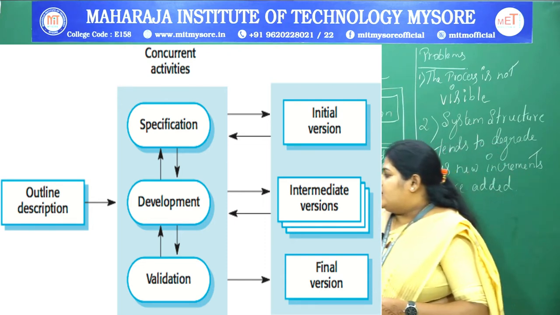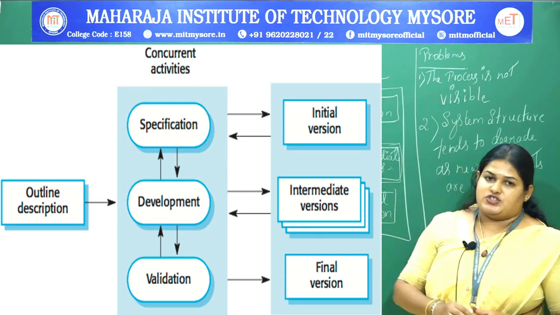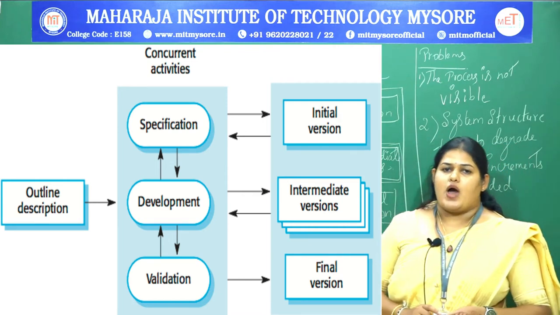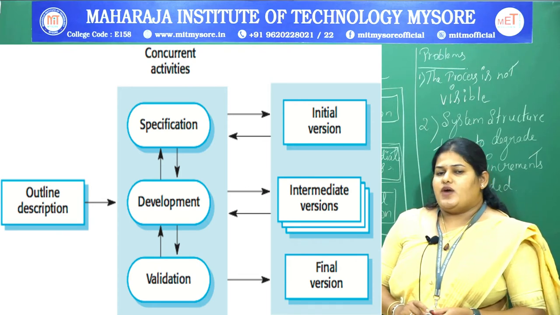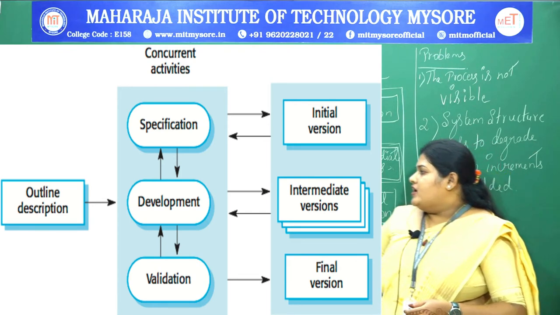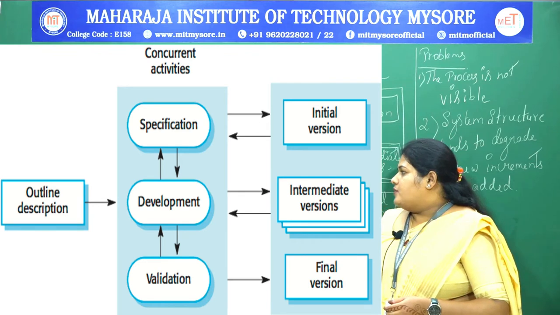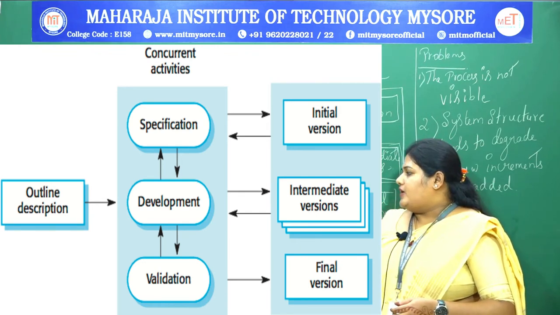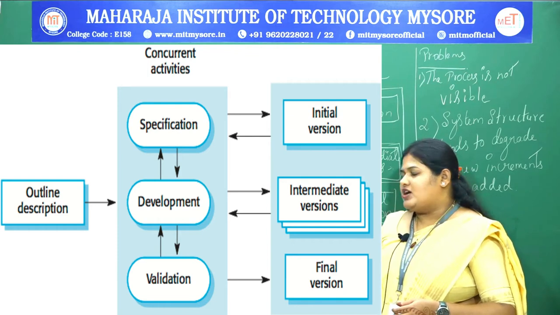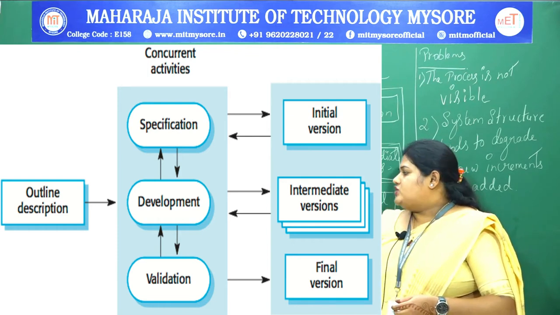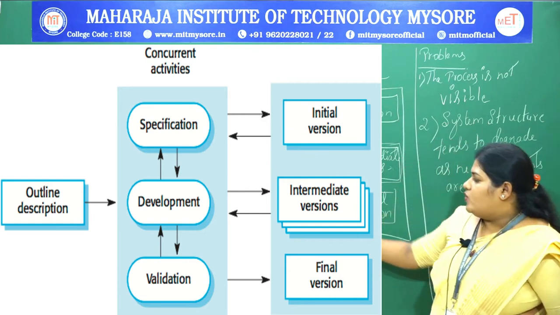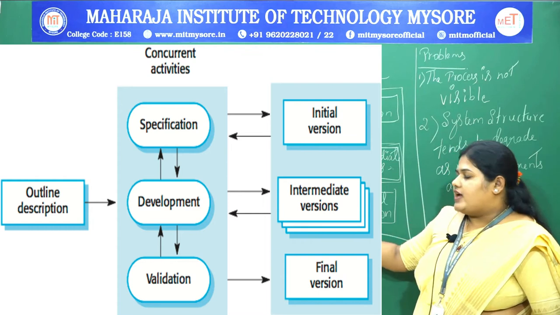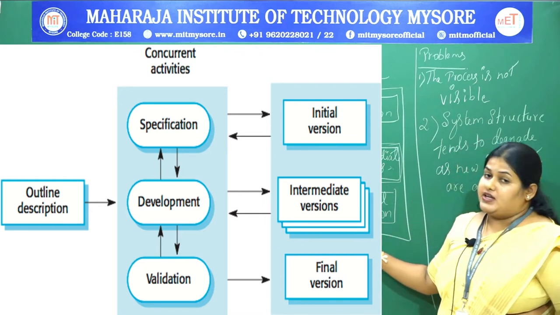After that, the third thing is the validation. Here again there is one more chance, if you require the final requirements once it has been specified, developed and validated. Once it has undergone the validation process, only then it is called the final version.